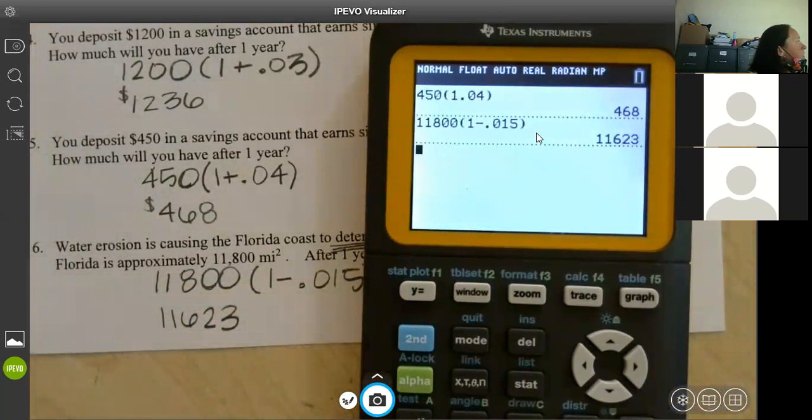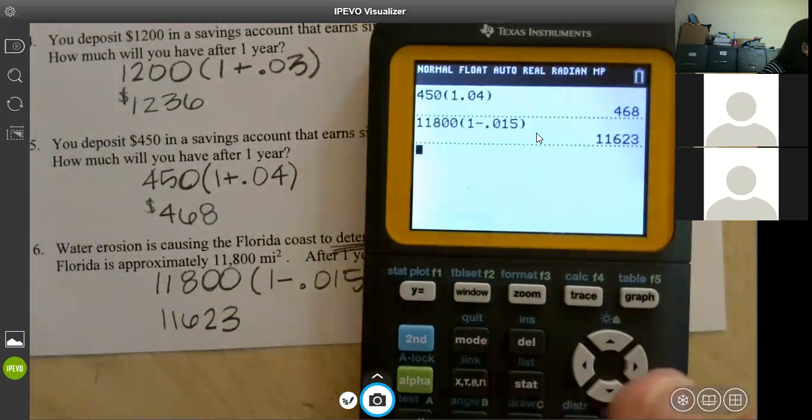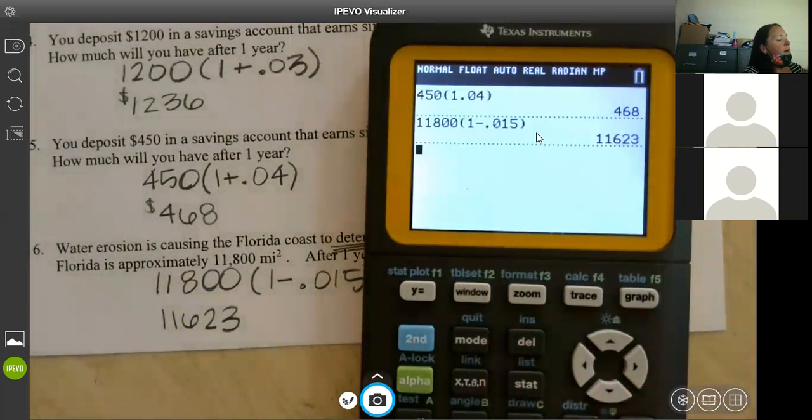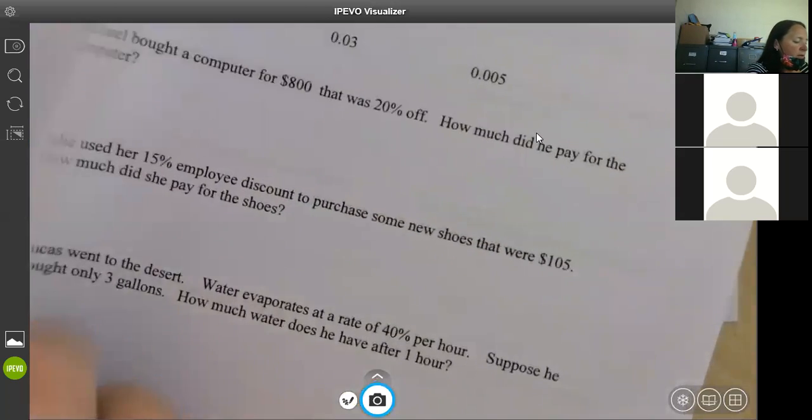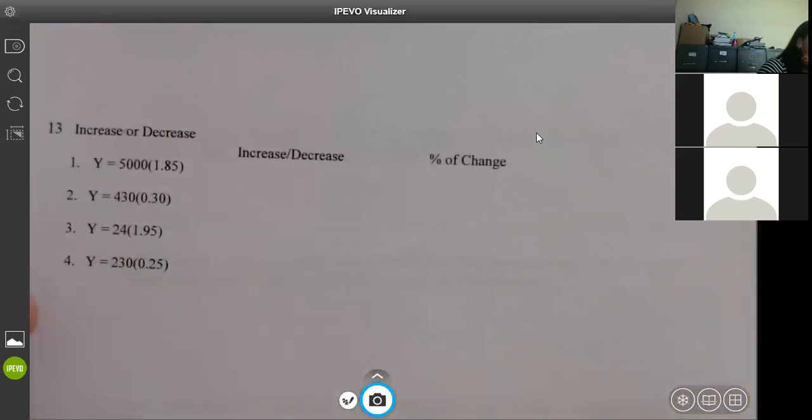Everybody okay? You're kind of doing the same thing on your homework. It's only the next 2 pages. The only thing I would tell you is that this one looks exactly like the very beginning. When you get to increase, decrease, and percent of change, remember increase is greater than 1.